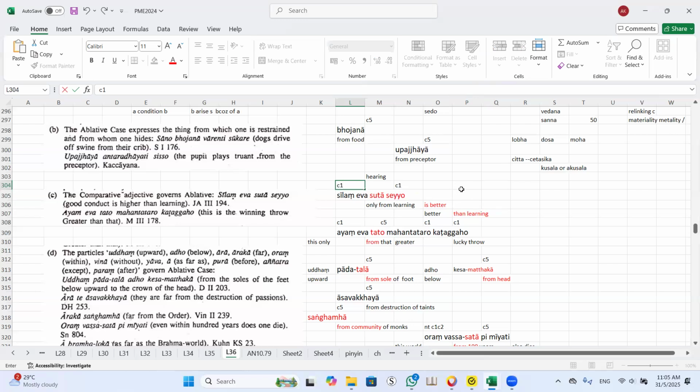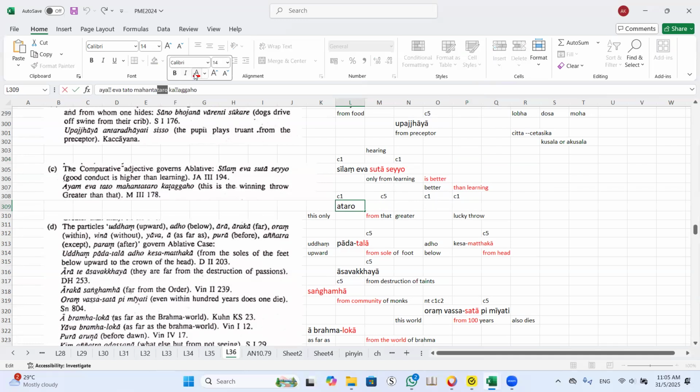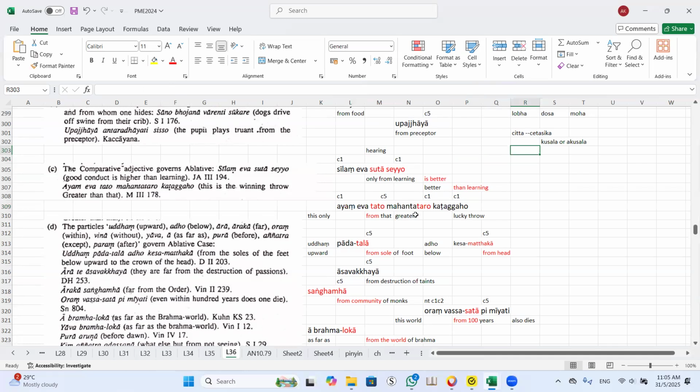Okay, all right. So we will go to the next one. This one: ewang ayang ewa tato mahan mahanta taro. So the stem is mahanta.